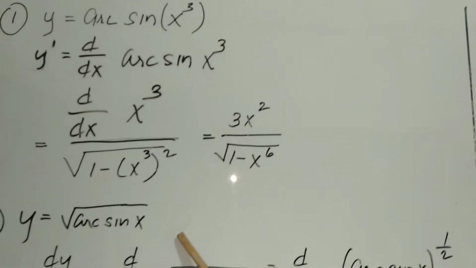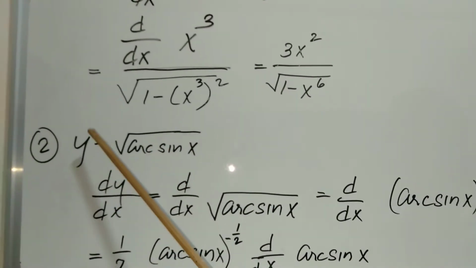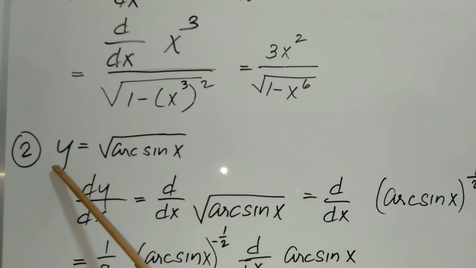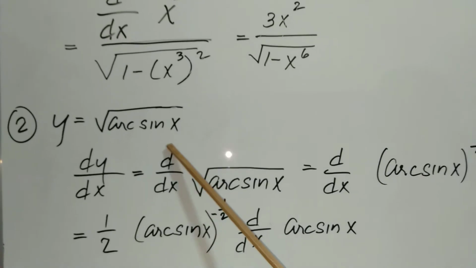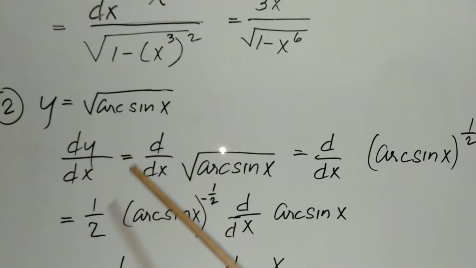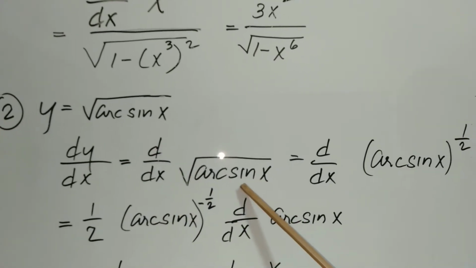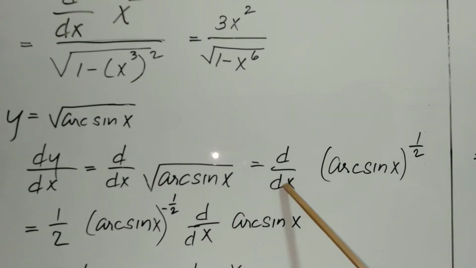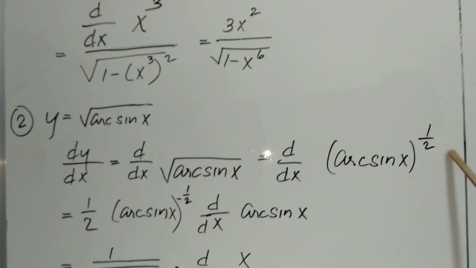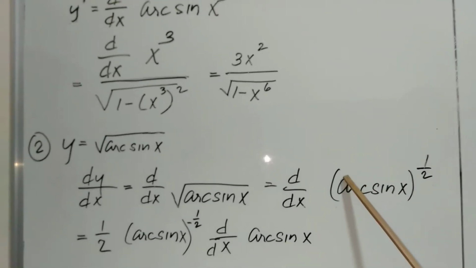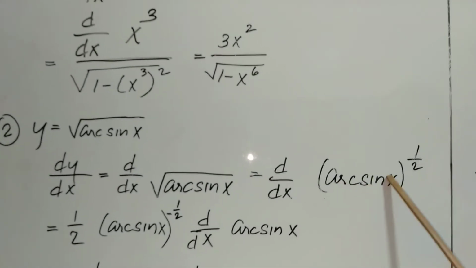For number 2, the difference is the square root. The given is y is equal to the square root of arcsine x. So y prime, or dy over dx, is the derivative d over dx of the square root of arcsine x. We transform this into exponential form, which is arcsine x raised to 1/2.